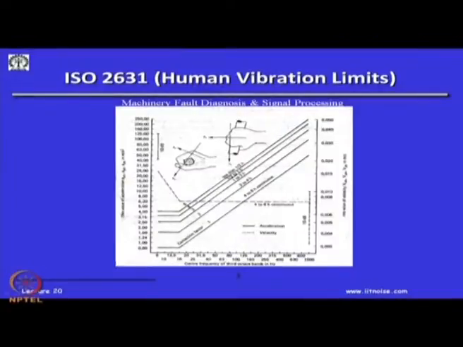For example, another is car seat vibrations. Your body is sitting on a platform, and what should be the maximum allowable level of vibration to the seat is also specified. These are for holding hands and for human body positions. There are different levels also, which you can see in the standard.